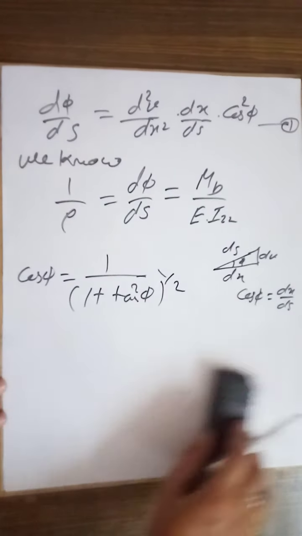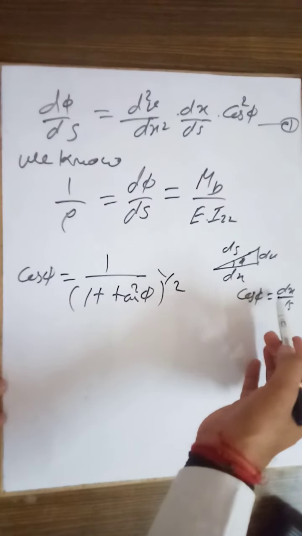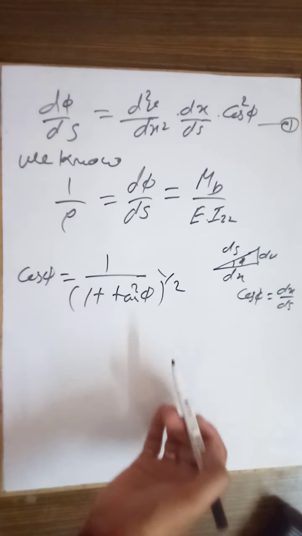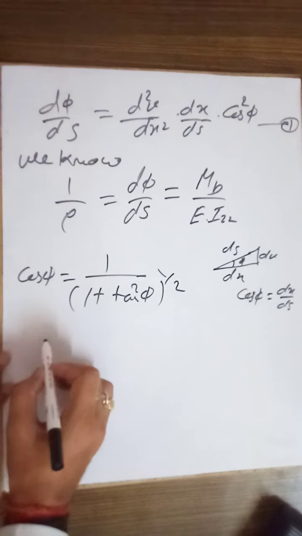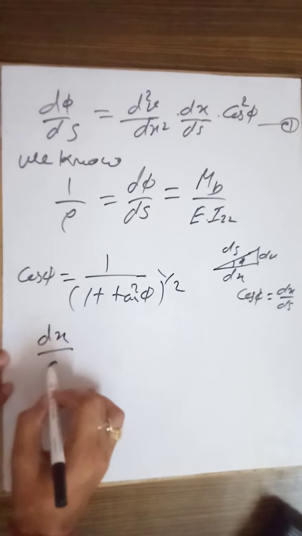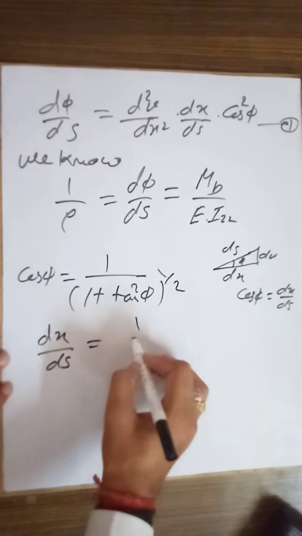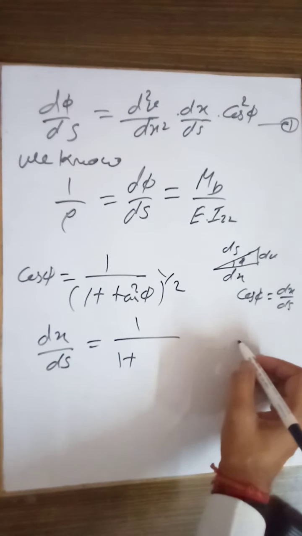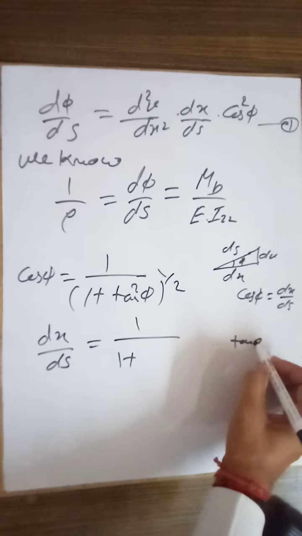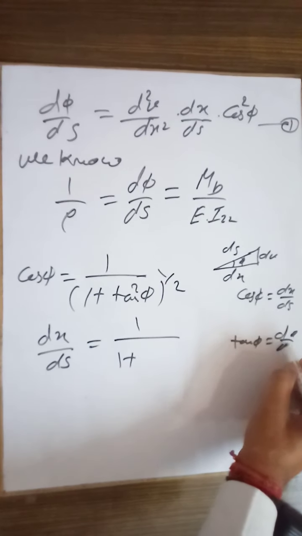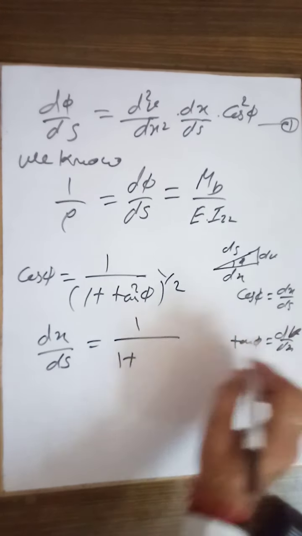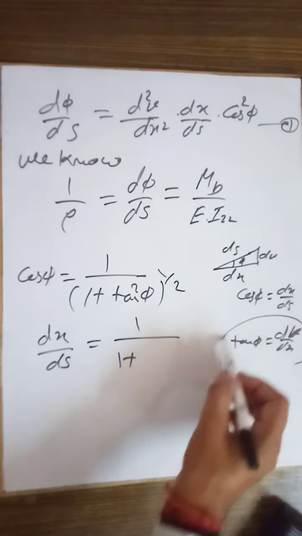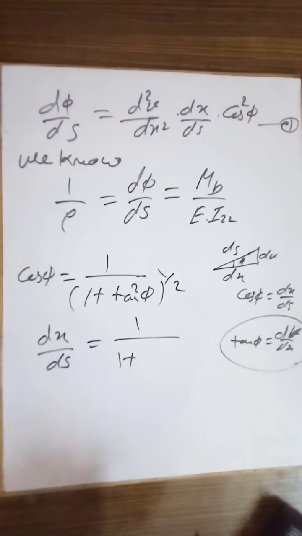So let me put this value in this equation. What we can write is simply dx by ds is equal to 1 upon (1 plus tan square phi). The value of tan square phi we have determined earlier. So tan phi was dv by dx, which we determined in the previous section.